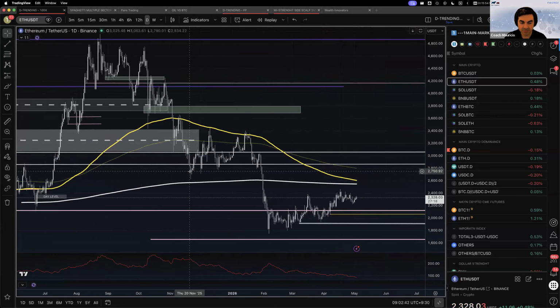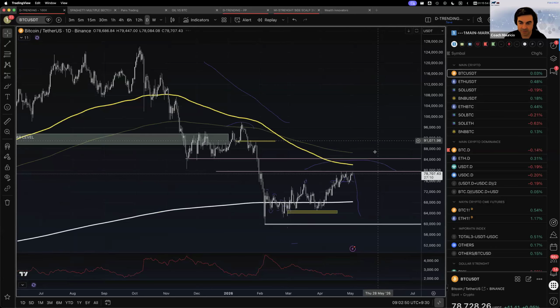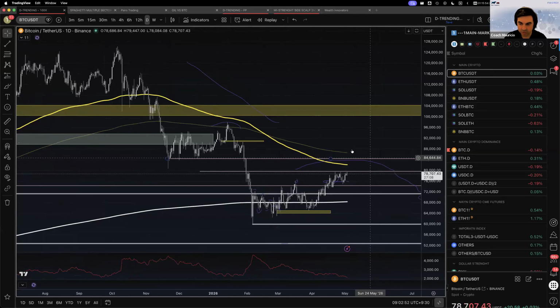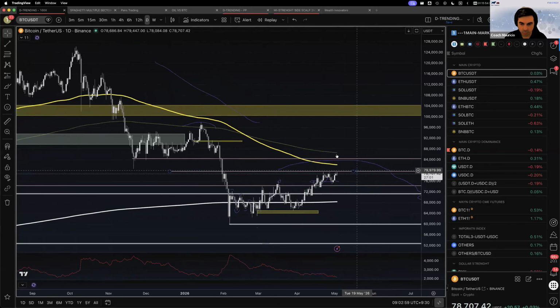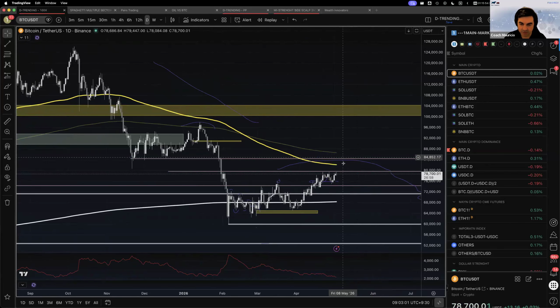So everything has to fill that gap in terms of majors. And if we fill that gap, the question we have to remind ourselves to ask is, are there going to be buyers at 84? We don't know. Simple. We don't know if that's going to trigger buyers or trigger all these people that went in here to take profits out.